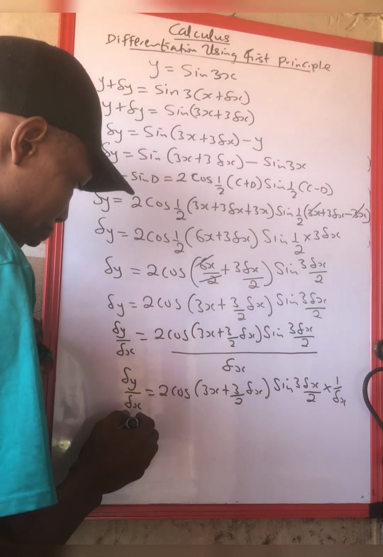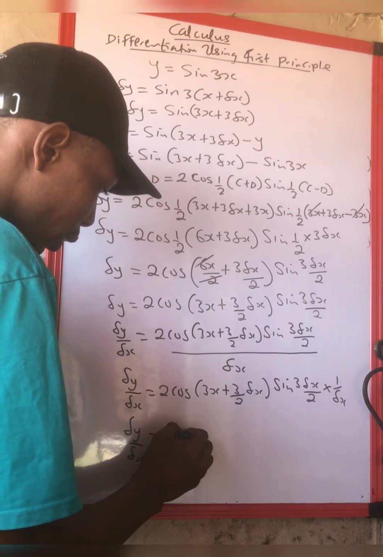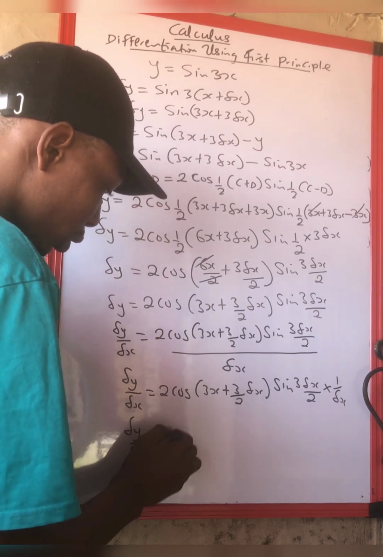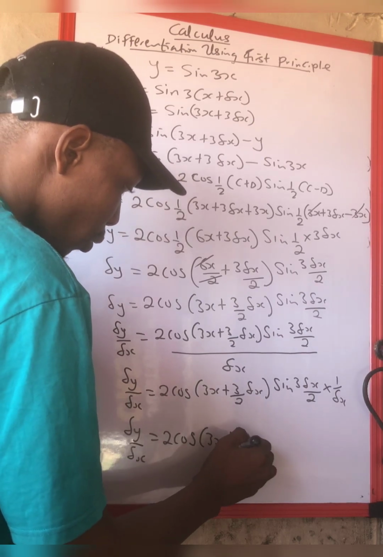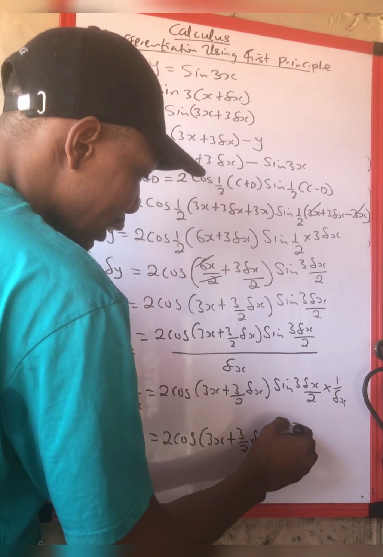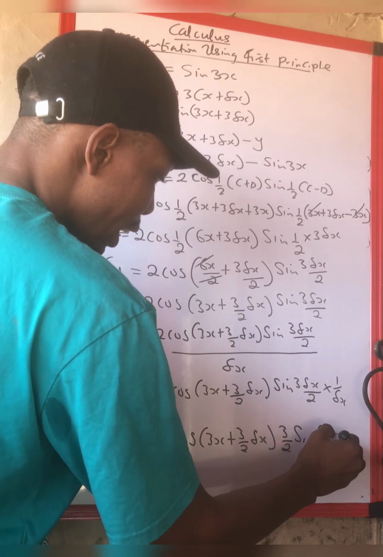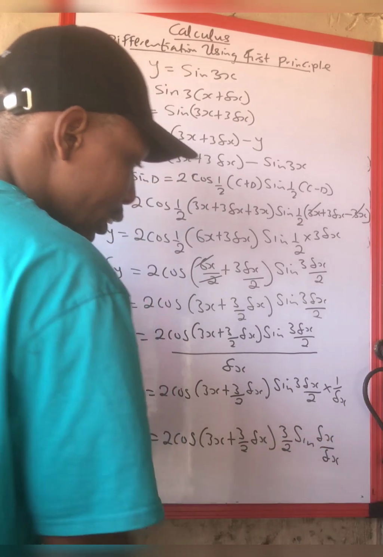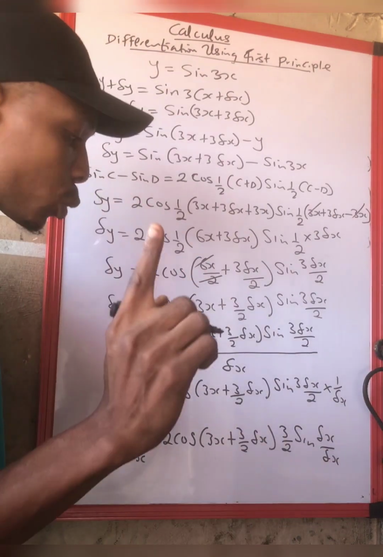Alright, so from there we have change in y over change in x equals 2 cos(3x plus 3/2 change in x). Then this is written as 3/2, then sin(change in x) over change in x. Don't forget, change in x over change in x is equivalent to what? 1.